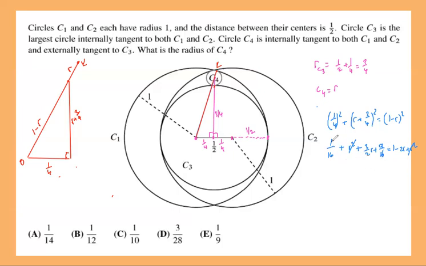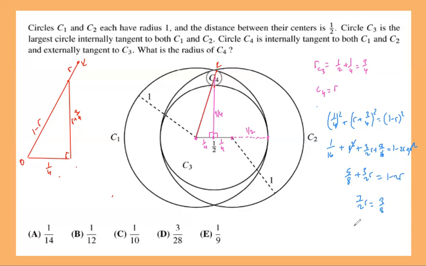Then 9/16 plus 1/16 is 10/16, which is 5/8. And then I have 3/2 R plus 5/8 equals 1 minus 2R. If you add 2R to both sides, you get 7/2 R. And if you subtract 5/8 from both sides, you get 3/8.